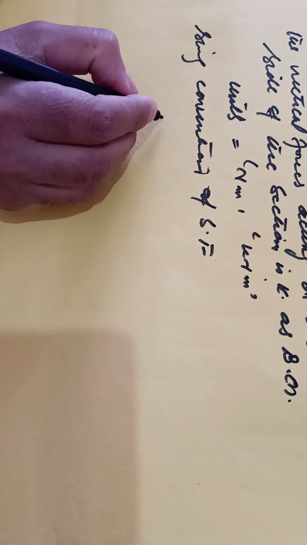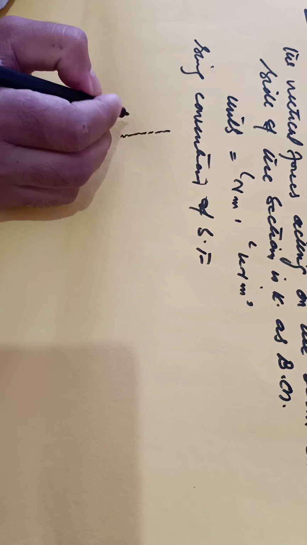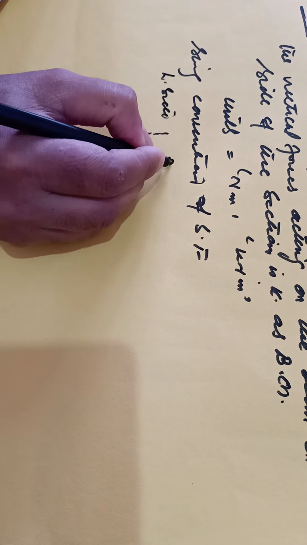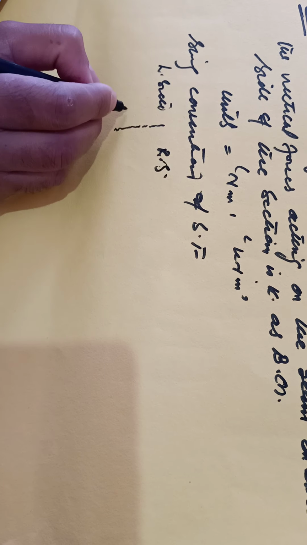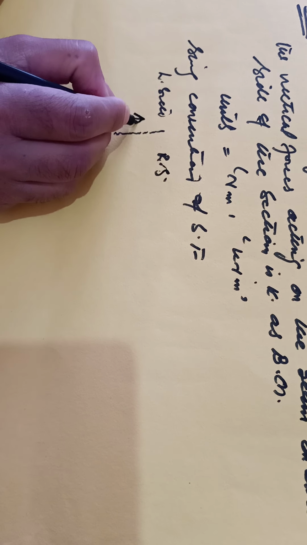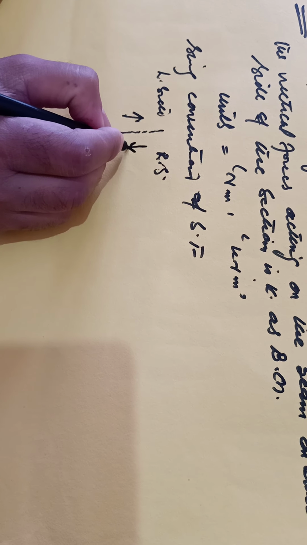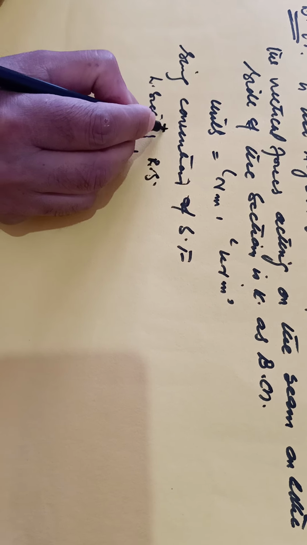Simply, here I will take the section of the beam. Here is the left side, here it is the right side. If on the left side there is an upward force, and on the right side there is a downward force, then the sign convention is positive.